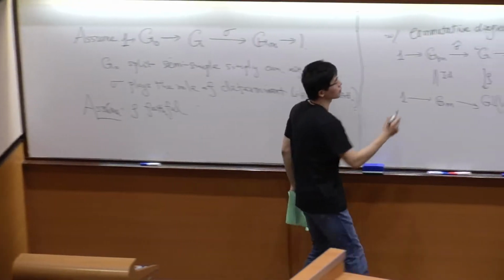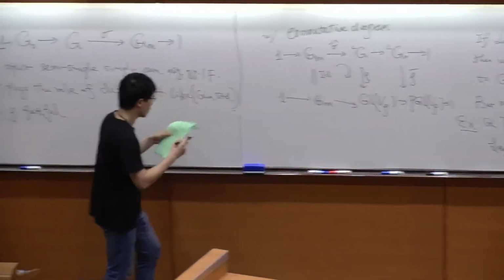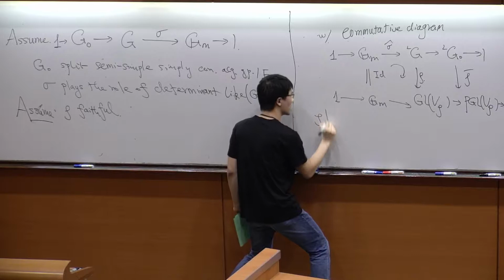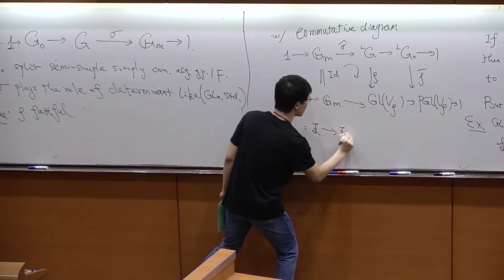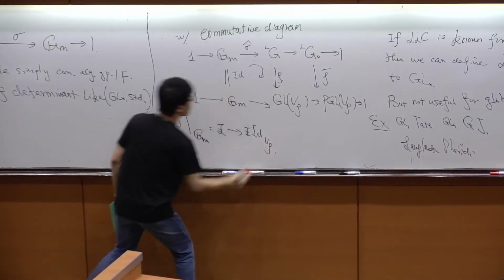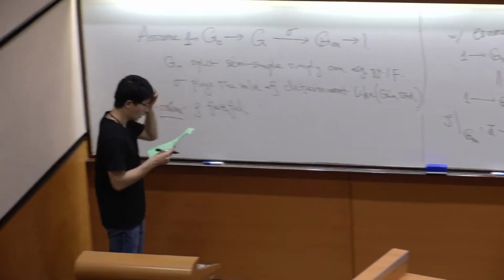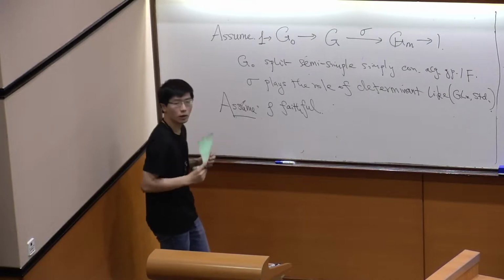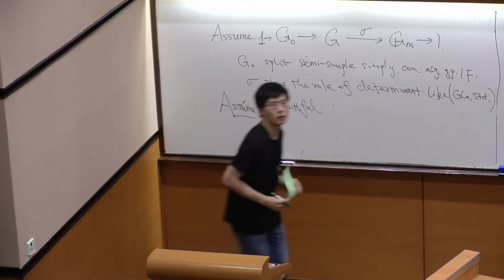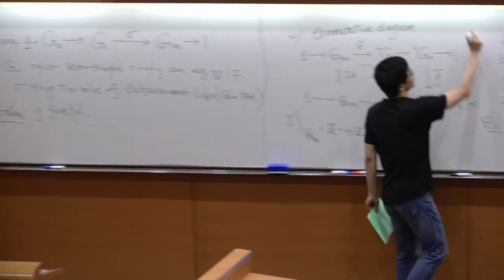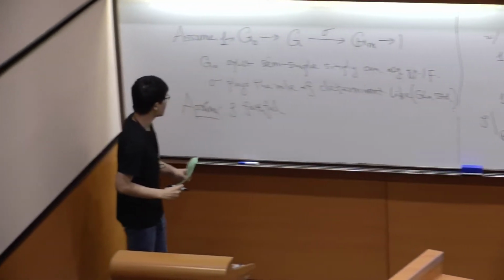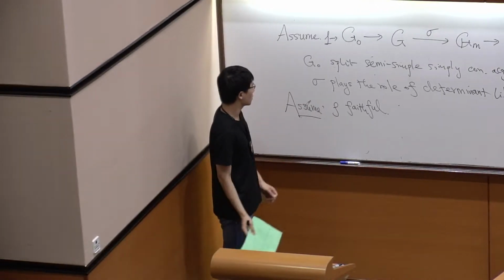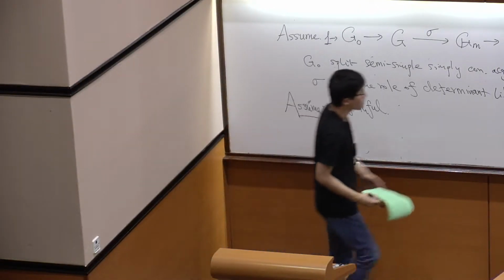And by the commutativity of the first diagram, you can show that the restriction of rho to the central torus, G_m, is given by the scalar multiplication. Okay. So any questions? You may feel that we put some strong constraints on the pair (G, rho) here, but let me briefly make a remark.